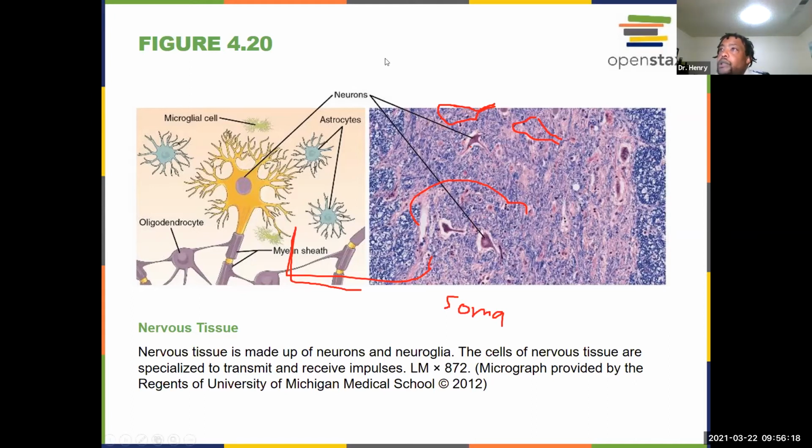So these guys, astrocytes, microglia cells, those guys are the neuroganglia, right? So they're going to be receiving this. These guys are going to be making contact with them, letting them know, hey, what's going on.